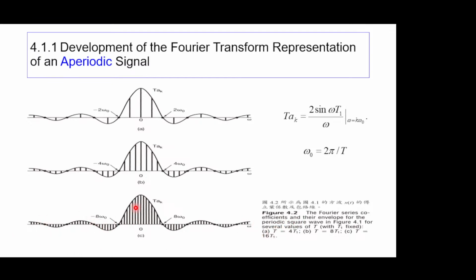So if we are taking all the information, how about we just take this envelope function, rather than the amount T, as our Fourier transform of the signal, or the spectrum of the signal.